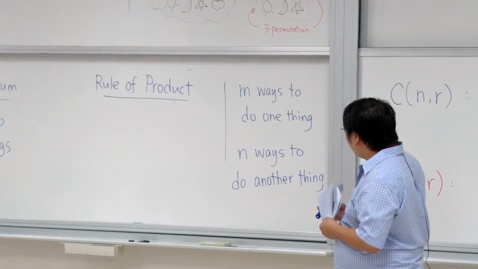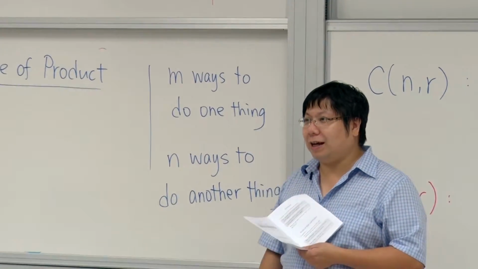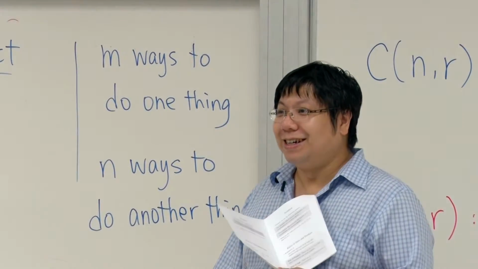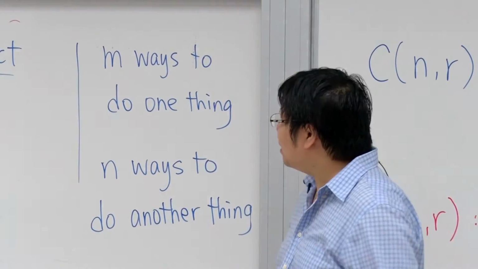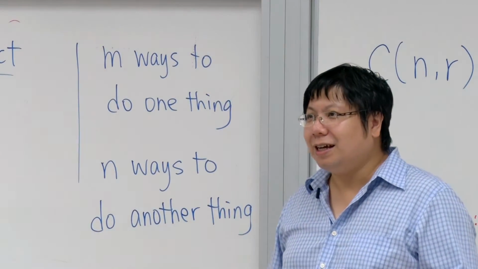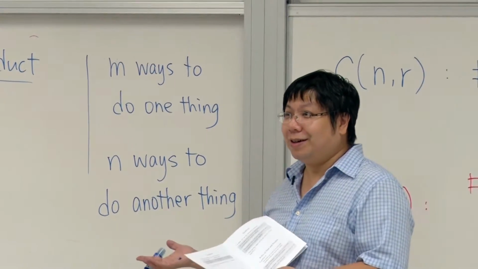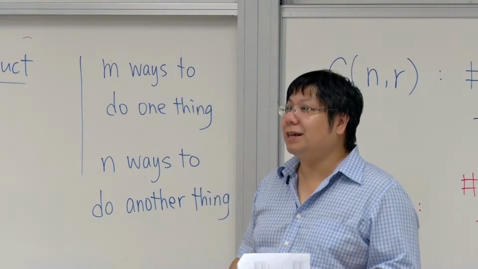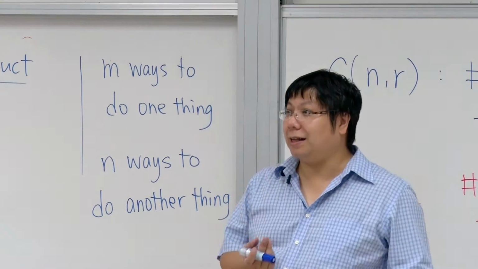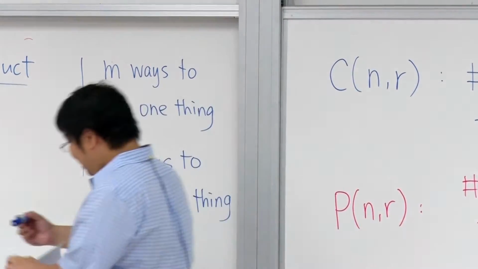And then there are n ways that I can have lunch at 丰原楼. Okay, so how many ways are there to do one of the things? How many ways are there to have lunch at 水木 or 丰原楼? There should be m plus n. Am I correct? M plus n.